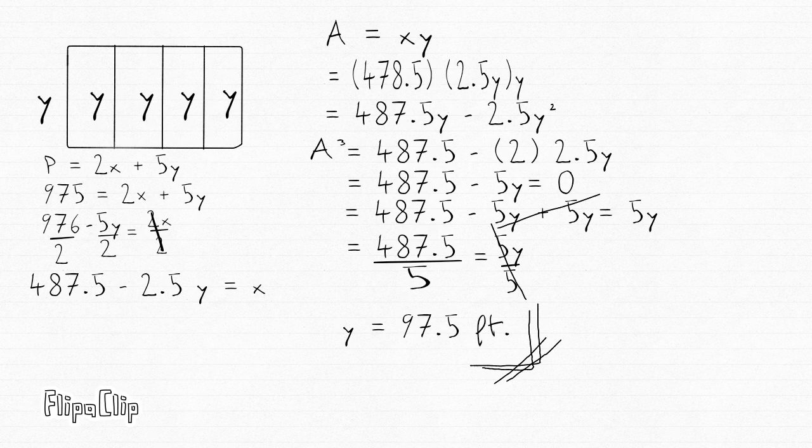So this becomes 487.5 minus 5y equals 0. Then add positive 5y to both sides, and then remove the coefficient from y. That's why we divide by 5 and apply the golden rule to the other side. We have the value of y, which is 97.5 feet.